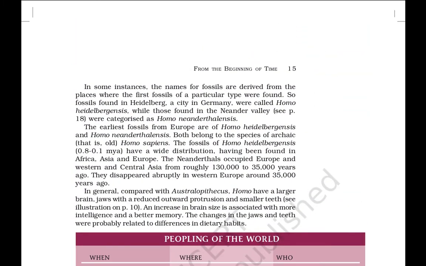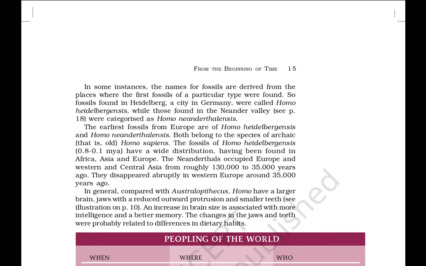In some instances, the names for fossils are derived from the places where the first fossils of a particular type were found. So, fossils found in Heidelberg, a city in Germany, were called Homo heidelbergensis, while those found in the Neander Valley were categorized as Homo neanderthalensis.